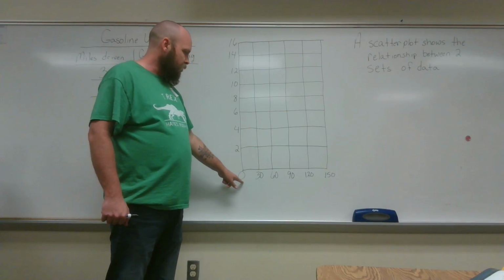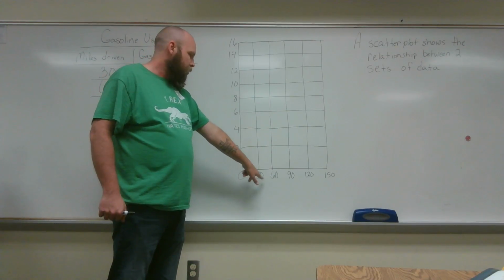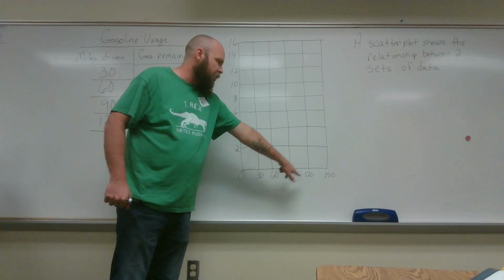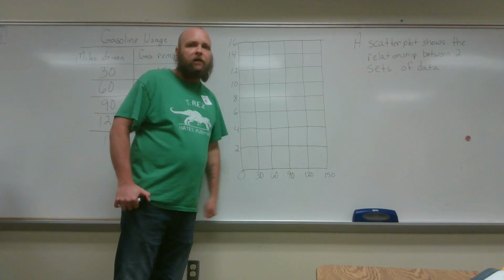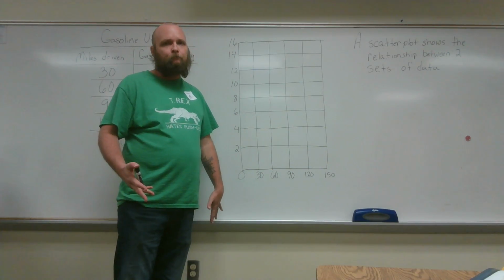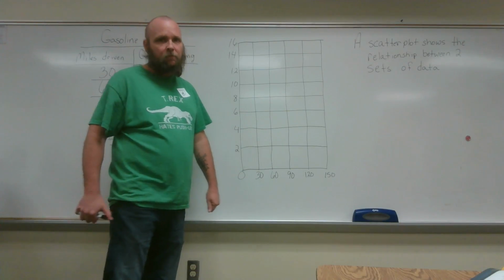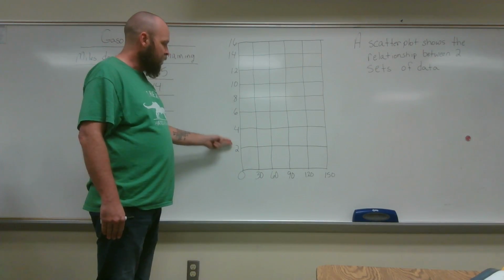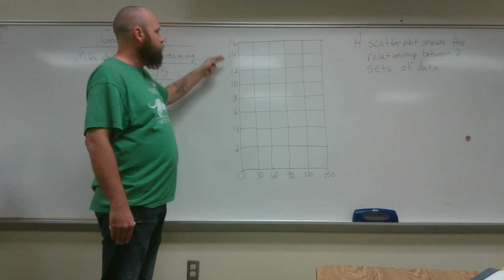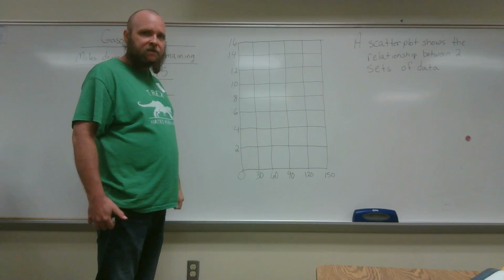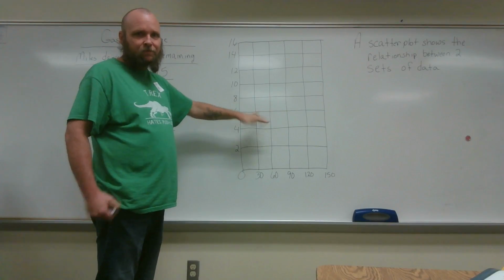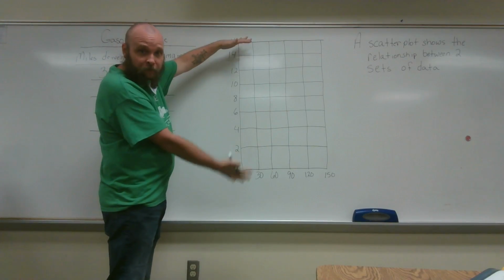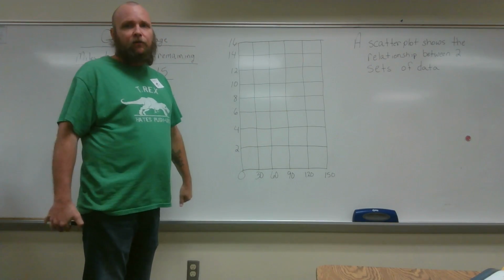The scale here: 0 to 30, 30 to 60, 60 to 90, 90 to 120, 120 to 150. So what are we counting by? Excellent, we're counting by 30. And on the y-axis, the vertical axis, it looks like we're counting by 2s, all the way up to 16. Now I drew these myself, so they may not be perfect, but it's the best I can do.